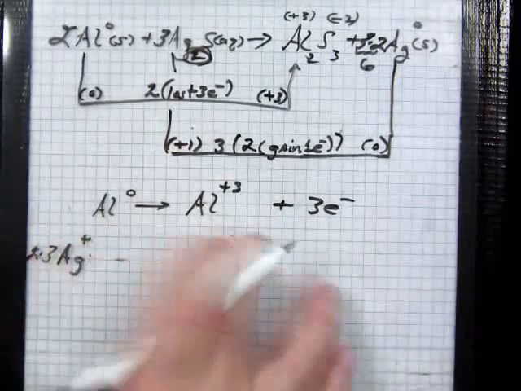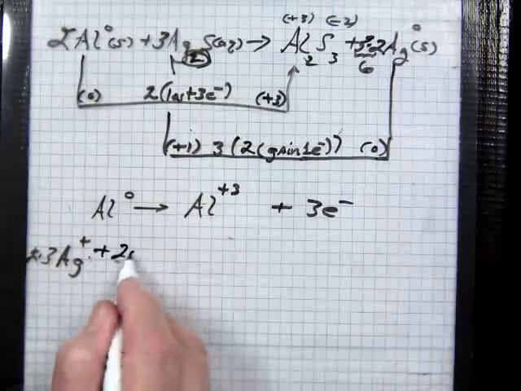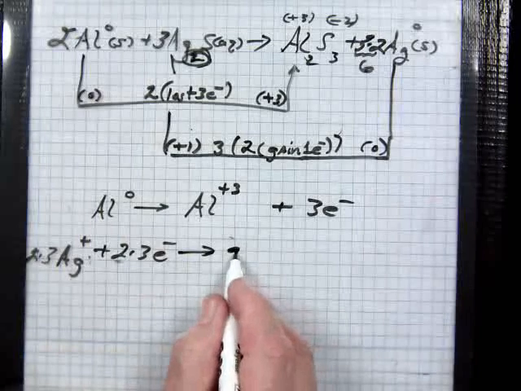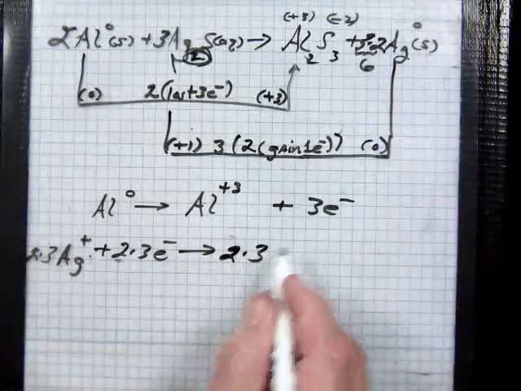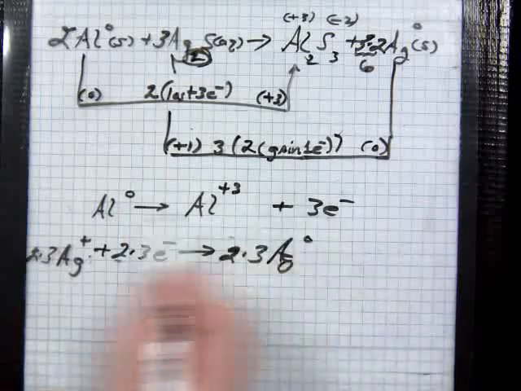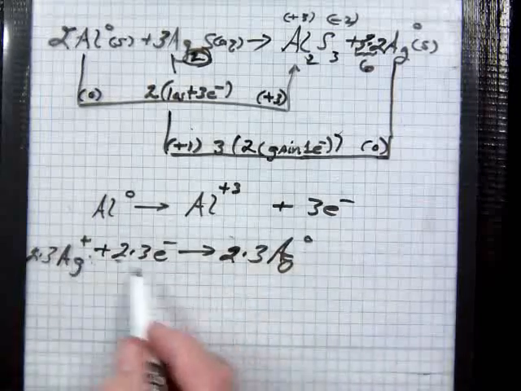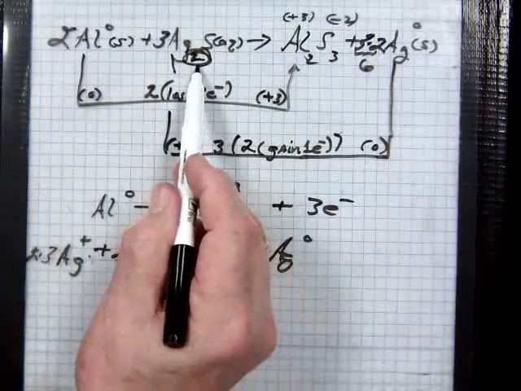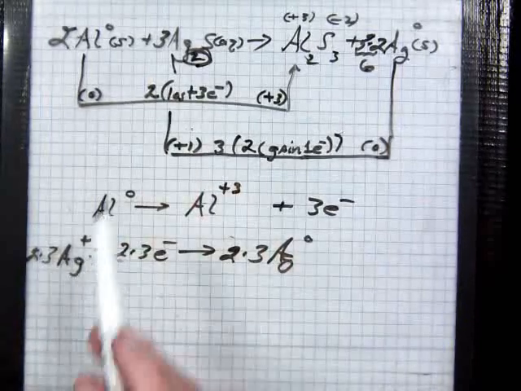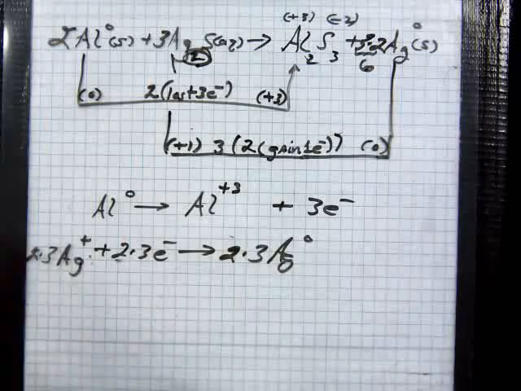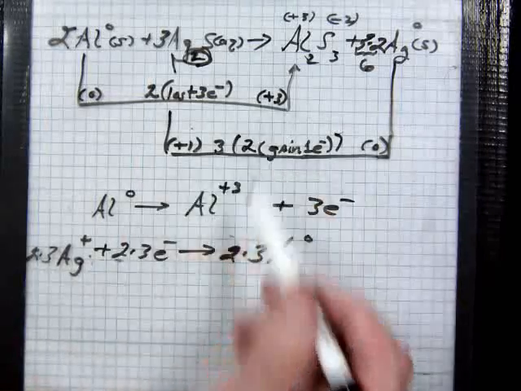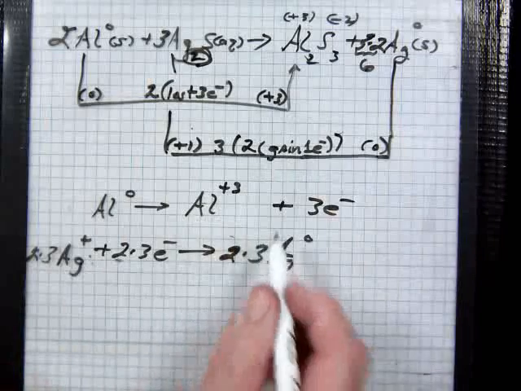Let me move that down some. Plus 2 times 3 electrons goes to 2 times 3 silver right there. And this one has to balance with that, because you couldn't just ignore the 2 silvers here. You just can't ignore it. So that's why you have to start with that 2 silver in each one. So you have to increase it to 6.